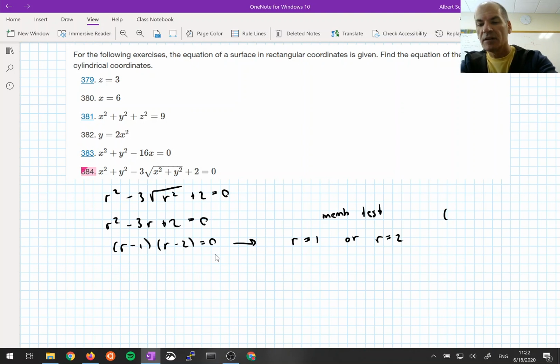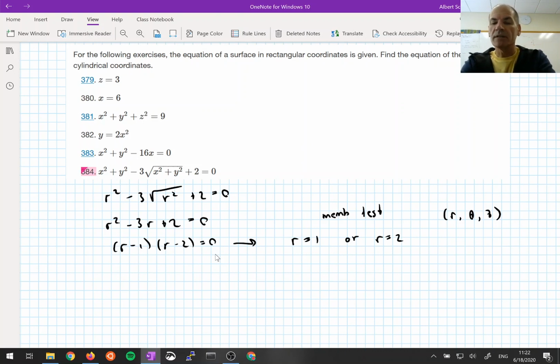If I look at a set of cylindrical coordinates, that point will be on this surface if it satisfies the membership test. And the membership test is R equals 1 or R equals 2, and theta and z are anything. Well, what does r equal 1 look like?